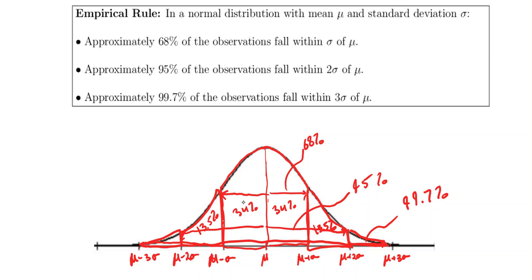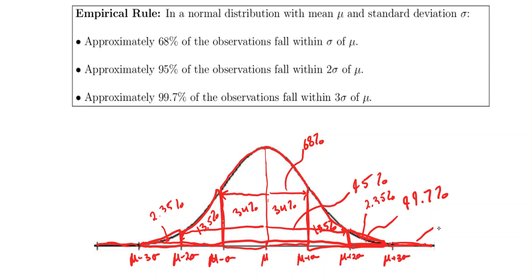We can subtract off the 34% and the 13.5% from it to get that this portion of our tail has about 2.35%. Same thing over here by the symmetric nature: this portion of our tail has 2.35%. And once we've done that, in those little bits that are farther out that we're not going to really deal with as much, everything that's left is 0.3%, including both tails.